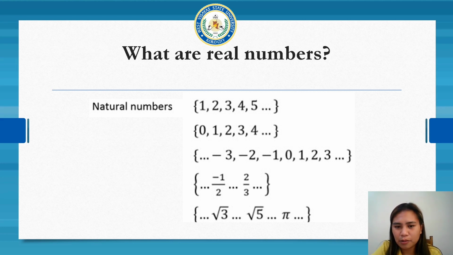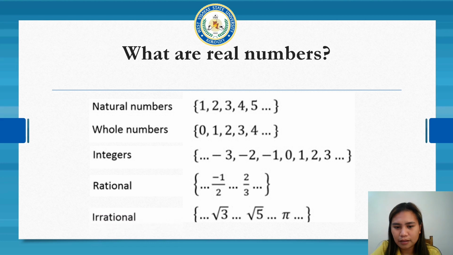The next example, 0, 1, 2, 3, 4, are examples of the set of whole numbers. The third example are integers. The fourth example are rational numbers. The last example are irrational numbers.